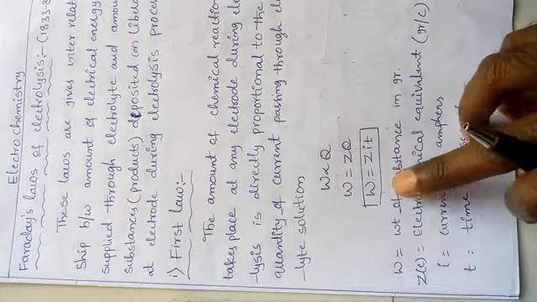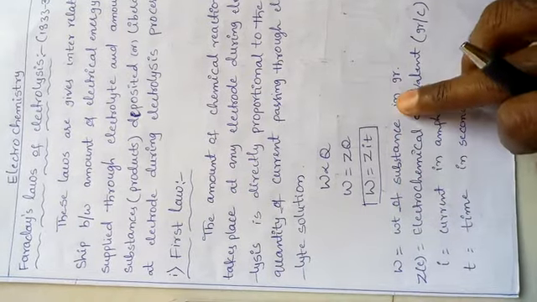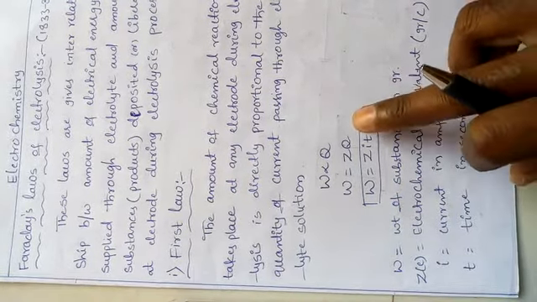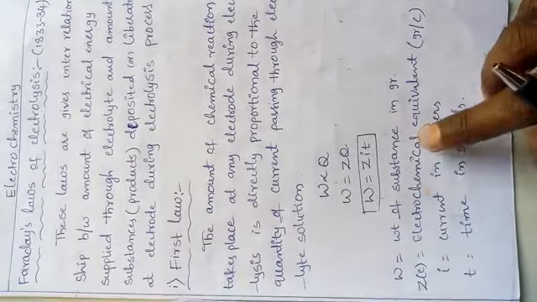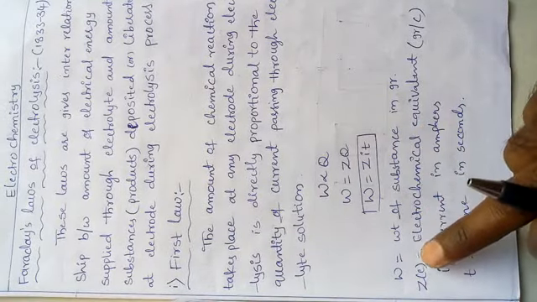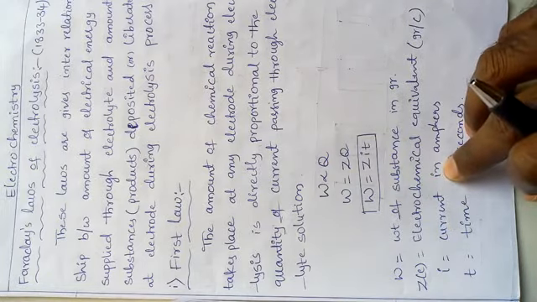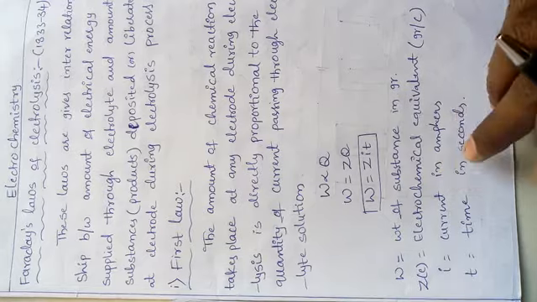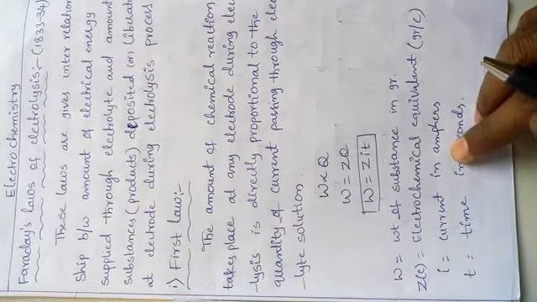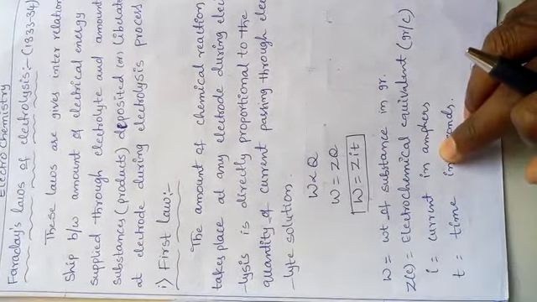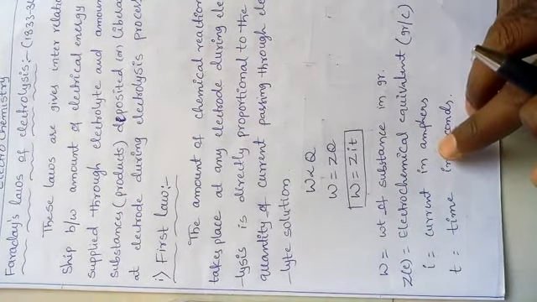W is the weight of the substance in grams deposited at the electrodes. Z, sometimes indicated with small e, is called the electrochemical equivalent, in gram per coulomb. I is the current in amperes. T is the time in seconds.